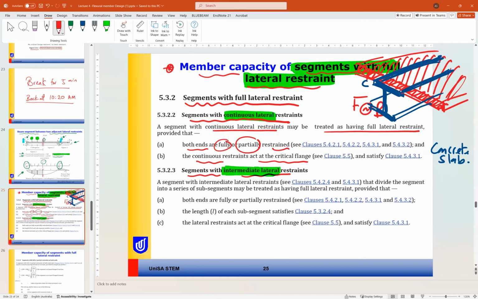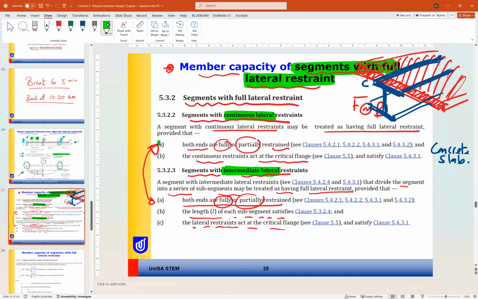A segment with intermediate lateral restraints, clause 5.4, that divide the segment into a series of subsegments may be treated as having full lateral restraint, provided that both ends are fully or partially restrained, so similar to this one here. The length of each subsegment satisfies clause 5.3.2.4. The lateral restraint acts as the critical flange.